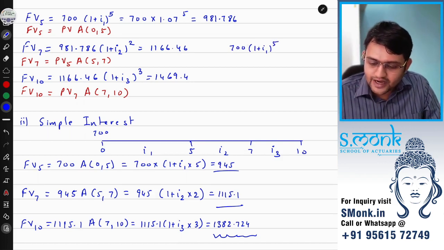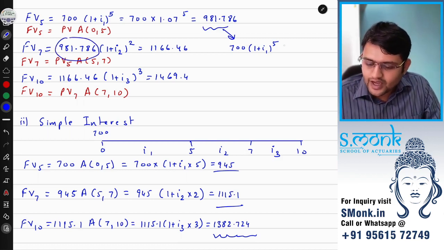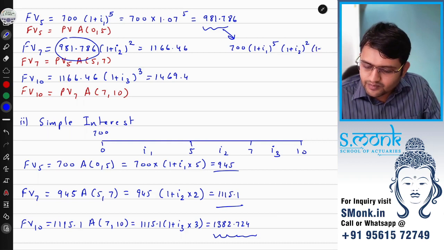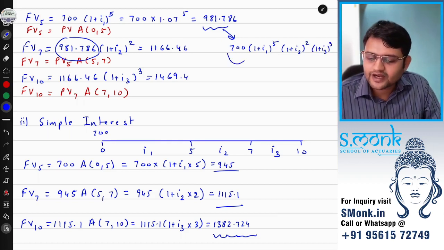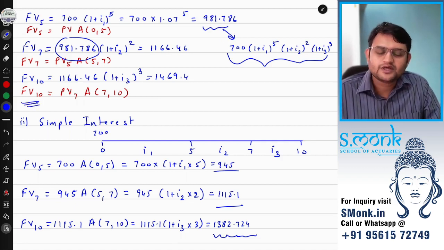Then I use that as the present value here. So I have 1 plus i2 raised to 2 and then 1 plus i3 raised to 3. Now you can directly do this calculation to get the future value at time 10.